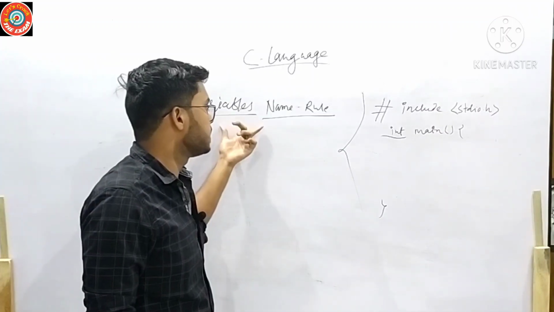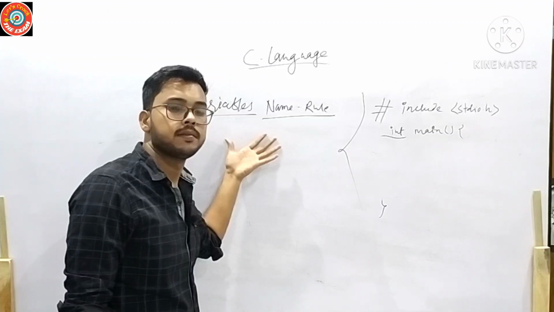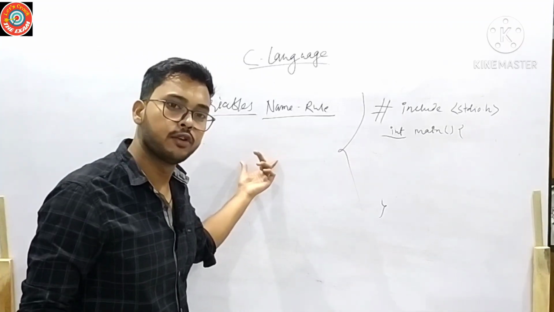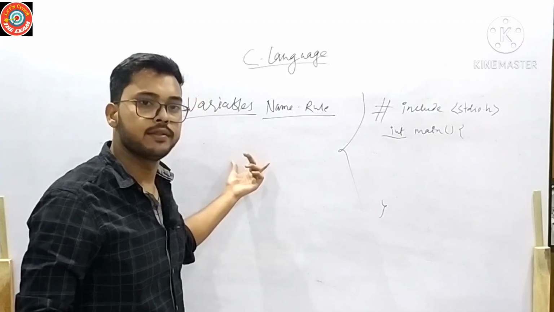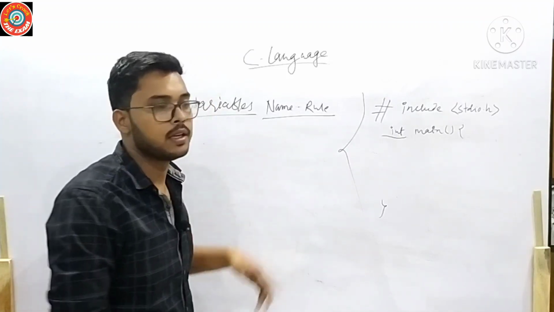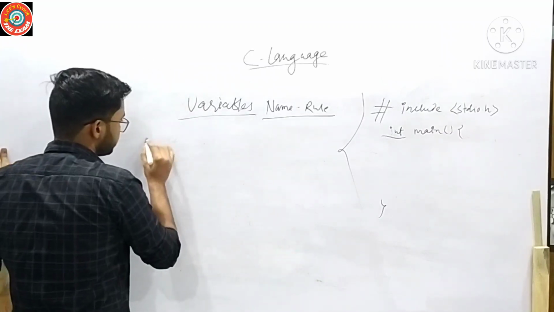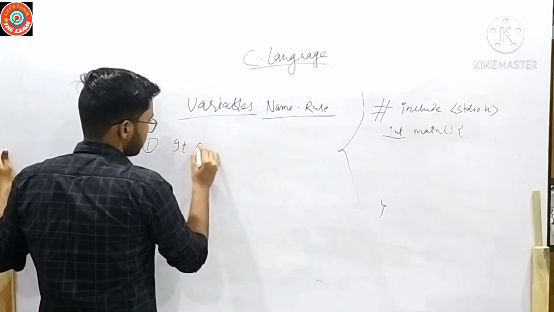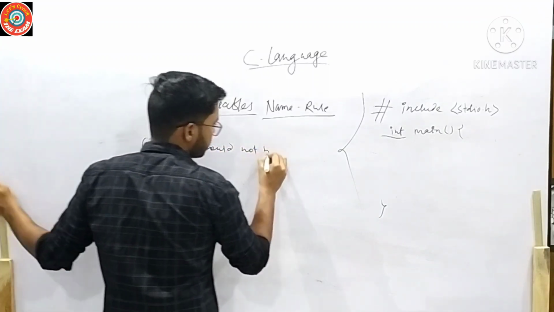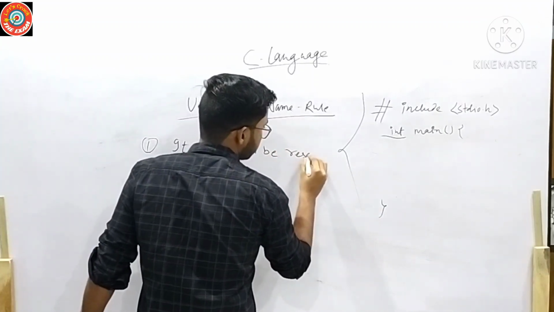Now we will see the naming rules of variables. We cannot name our variable anything we want to. Actually we can name anything, but there are some limitations. The first is it should not be reserved.